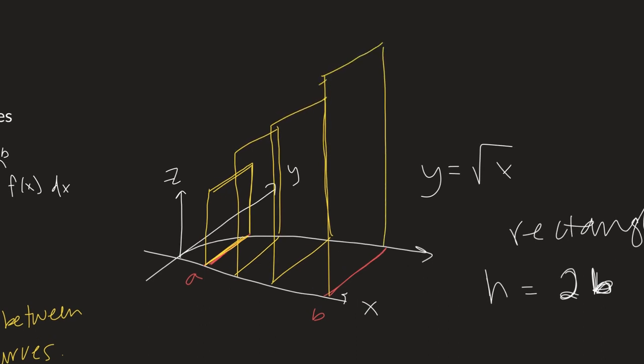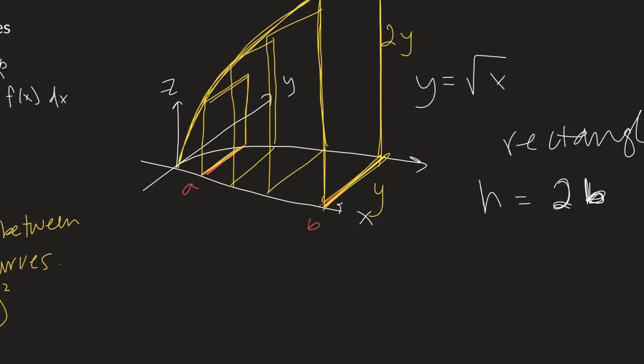Basically it looks like sort of a square root graph in 3 dimensions, with a bunch of these rectangles whose height is twice the base. So the height of this is the y value from your function. The distance between the x-axis and your graph is the y value. So then the height is going to be twice the y value.